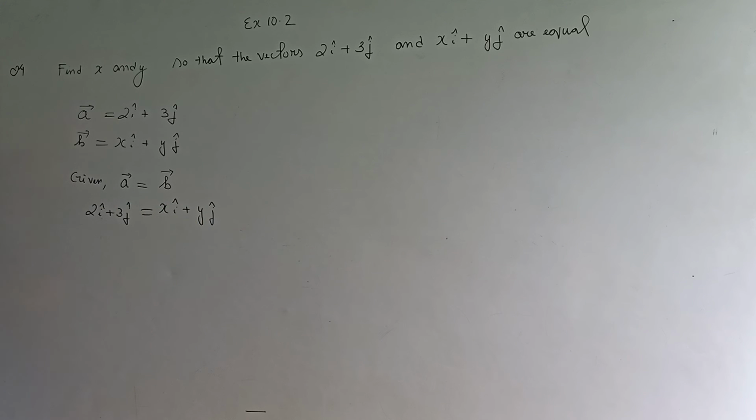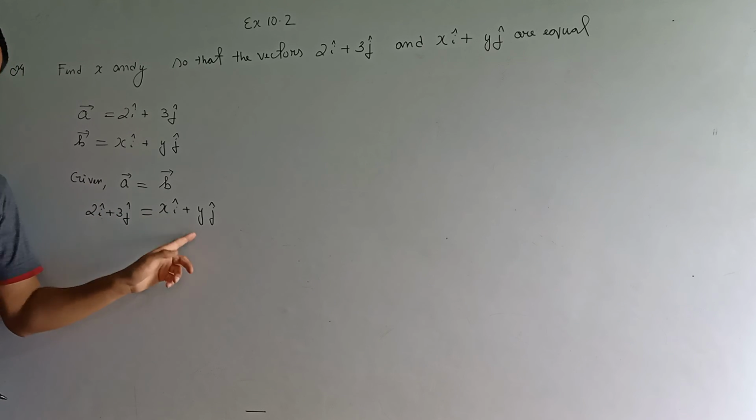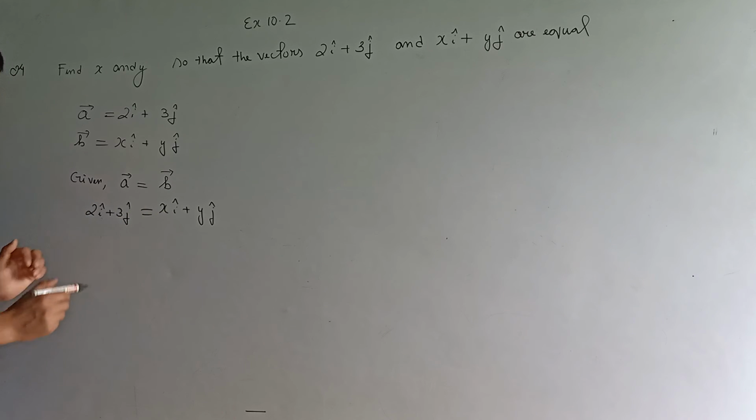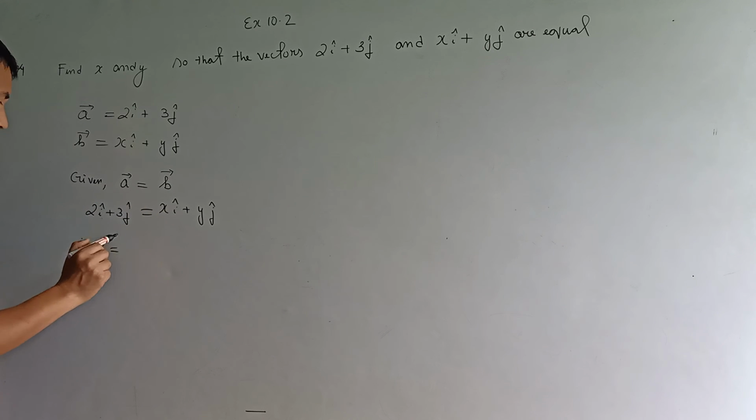So if two vectors are equal, the x component will be equal to the x component, and the y component will be equal to the y component. Therefore, your x will be equal to 2 and your y will be equal to 3. Alright?